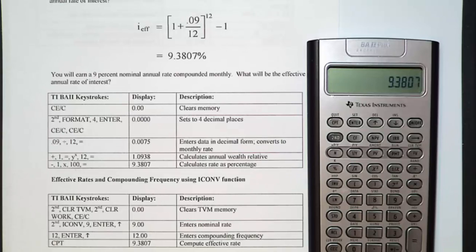Now that might have seemed like a lot of steps, but actually if you get used to doing this, you can do it quicker and you can get rid of some of the steps. You don't have to have all these equal signs in here.